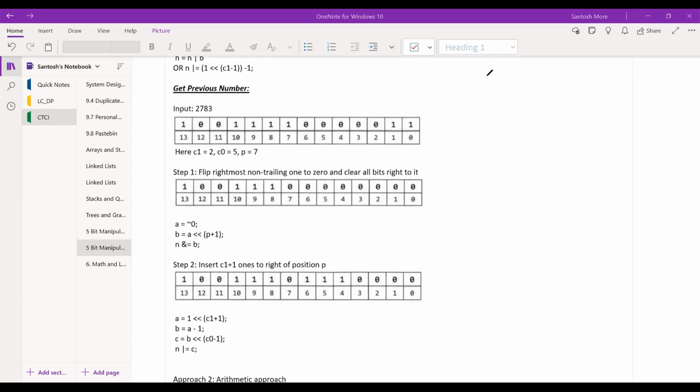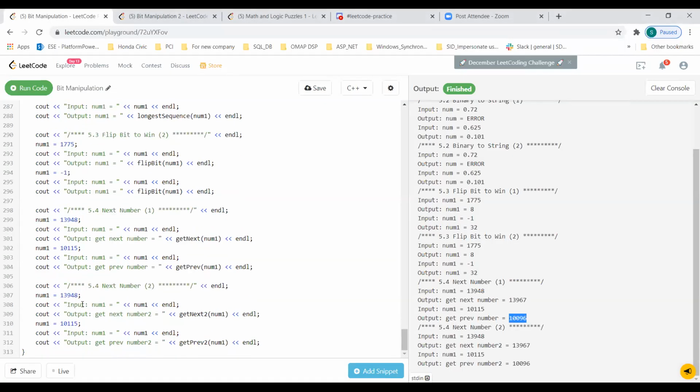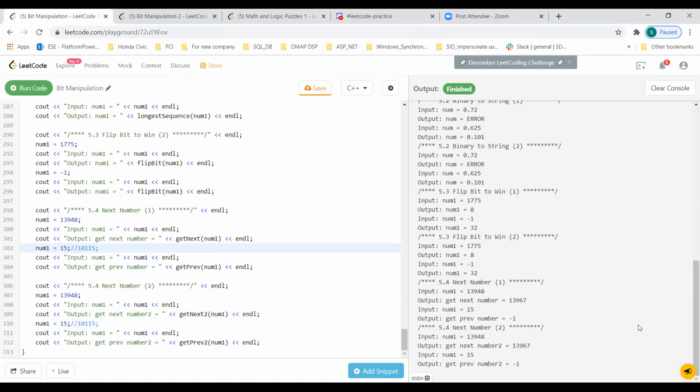Even if I just quickly add it here, for this 15, the previous number will be -1, because we don't have anything to set after that.